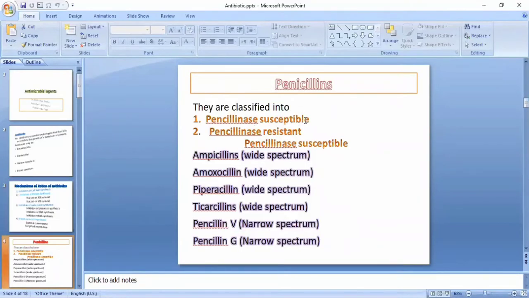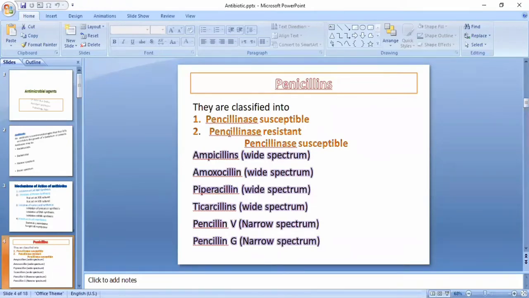Penicillins are classified into two big groups, the penicillinase susceptible and the penicillinase resistant. What is penicillinase? Penicillinase is an enzyme which is produced by the bacteria, and this is also called beta-lactamase.